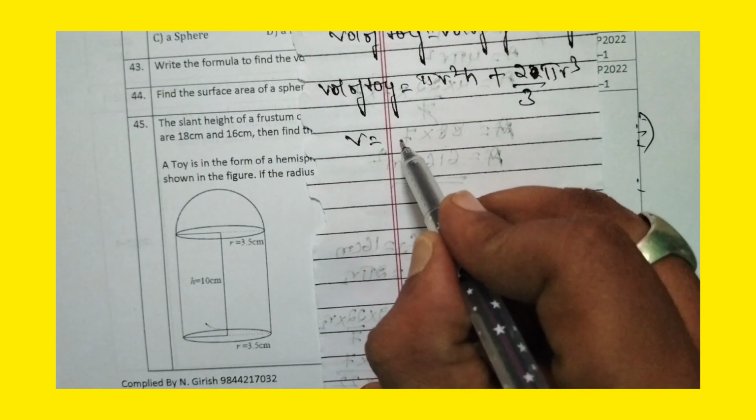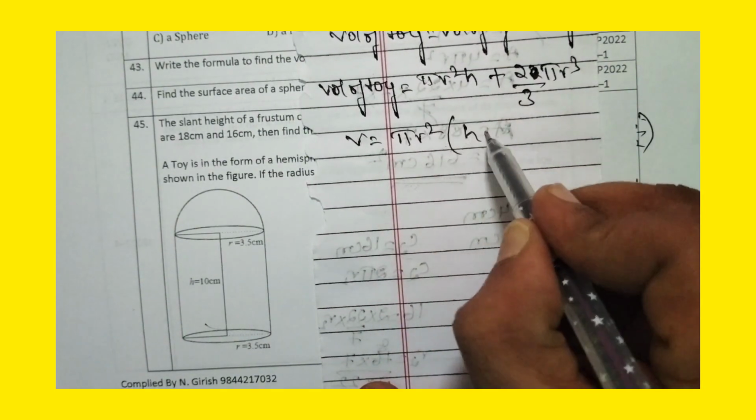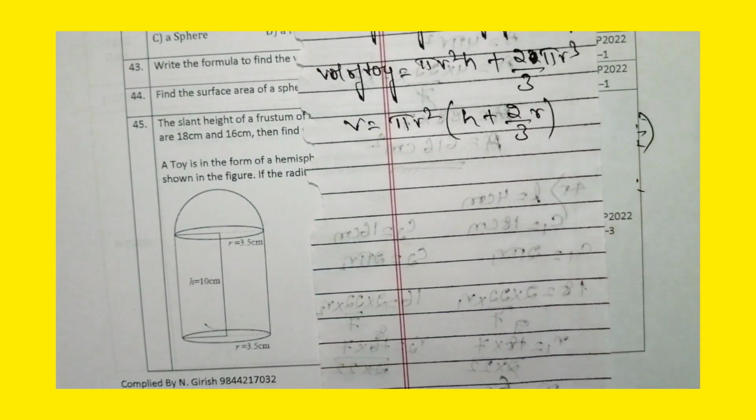So that is equal to pi r square is common, then remaining is h, remaining is 2/3 r.